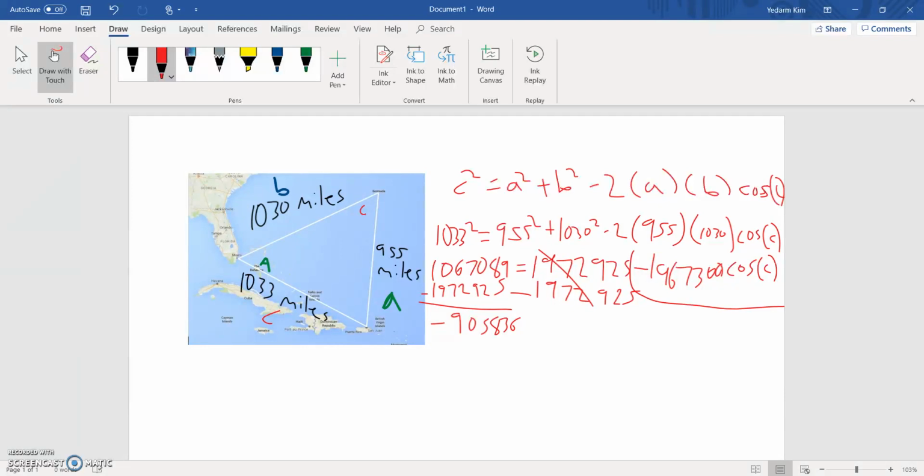Since it's together with the cosine, you want to get cosine by itself, so you divide by this number on both sides.